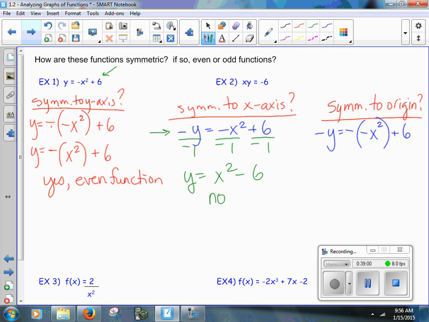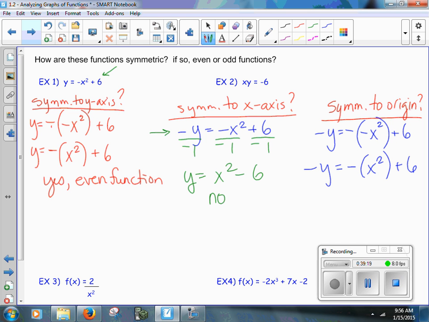What's negative x squared? Positive x squared. Folks, look at that. Have we already seen that? It's the one we just did. What do I have to do now? Is it going to work out?